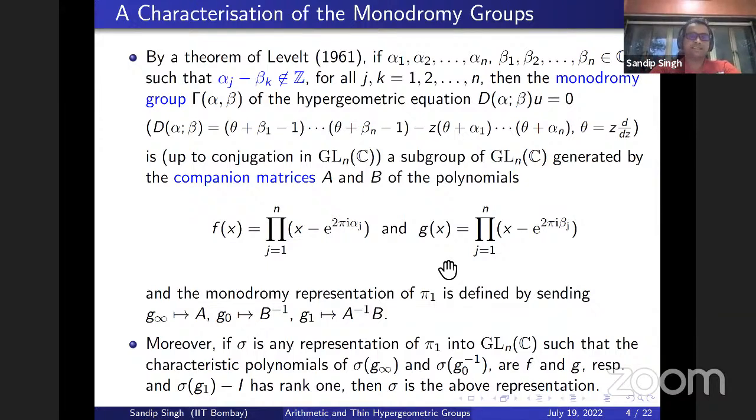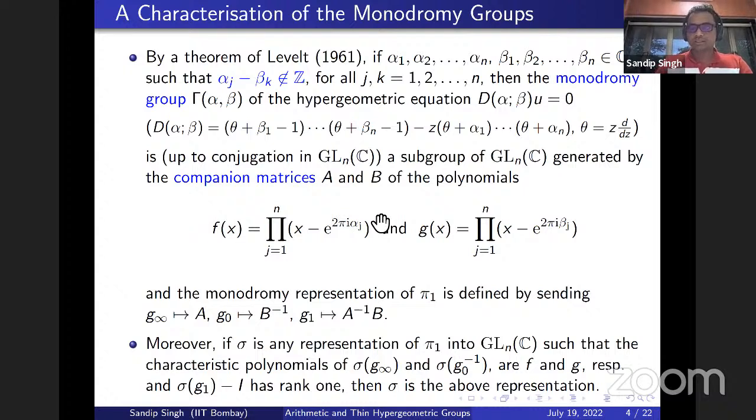Lewis theorem says that, up to conjugation, you will get a basis of the solution space with respect to which the monodromy group is the subgroup of GLnC generated by those two matrices A and B, where A and B are companion matrices of these two polynomials F and G.